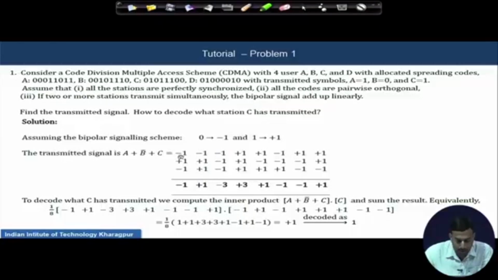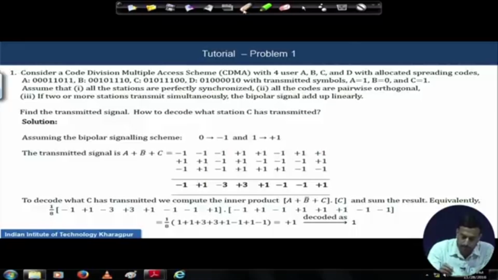Now what is to be noted is how we obtain this: this first row here corresponds to the bit 1 which was transmitted by A, which is mapped to +1, and this +1 is multiplied to the code sequence corresponding to A.